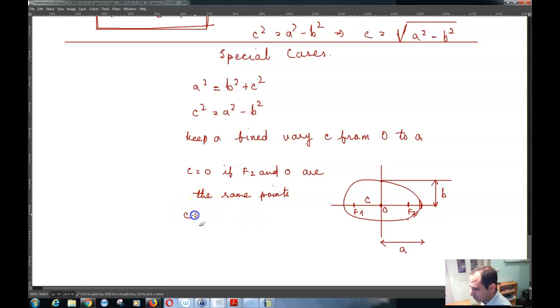And c is equal to a if f2, and of course f1 is going to change accordingly as well, and, for example, let's call this point B, and f2 and B are the same points.